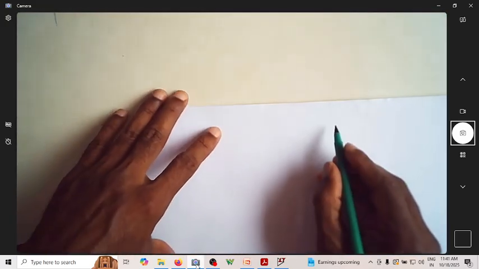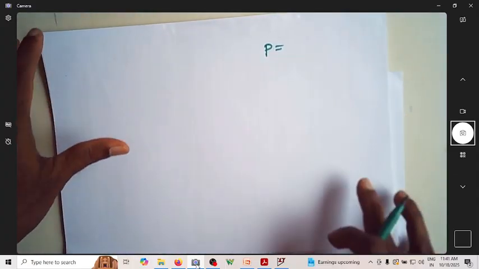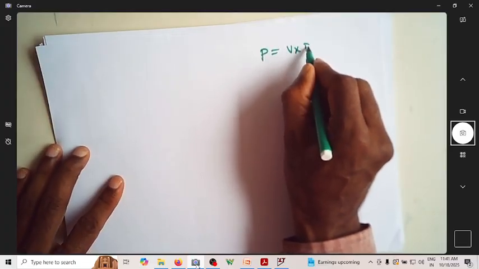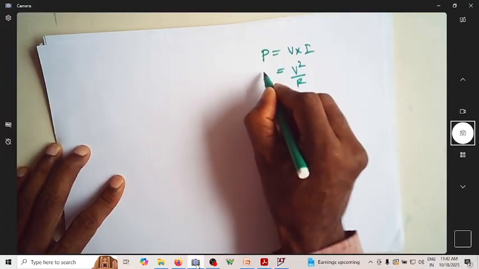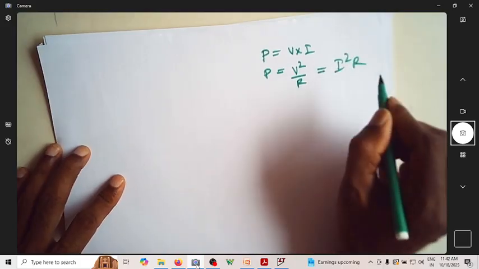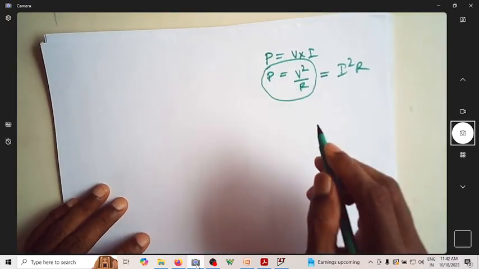We know that power is nothing but V into I. We also know that this is V square by R, and this is equal to I square into R. Correct? So let us consider this relation.